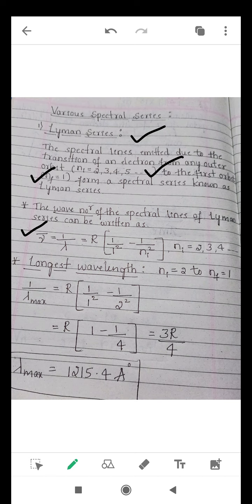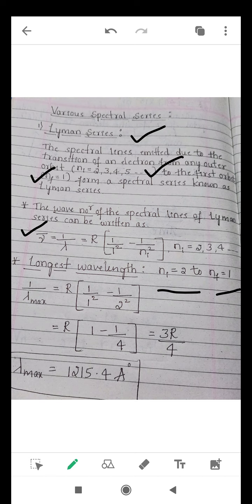Now we will determine the longest wavelength. The longest wavelength of the spectral line of the Lyman series is emitted when the transition of the electron takes place from Ni is equal to 2 to Nf is equal to 1. Now substitute the values of Ni and Nf in the Rydberg formula.